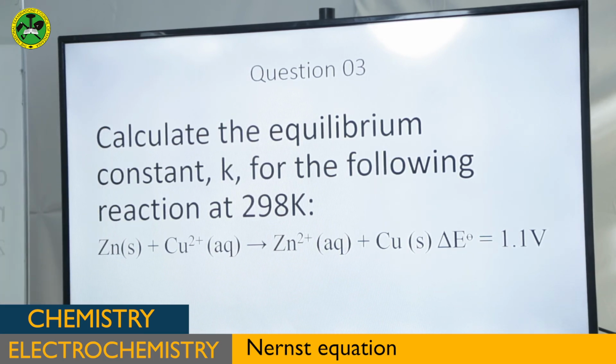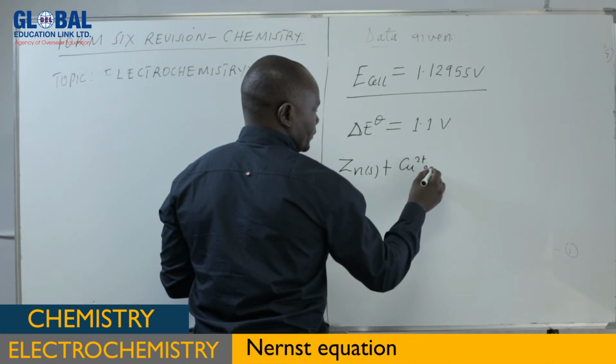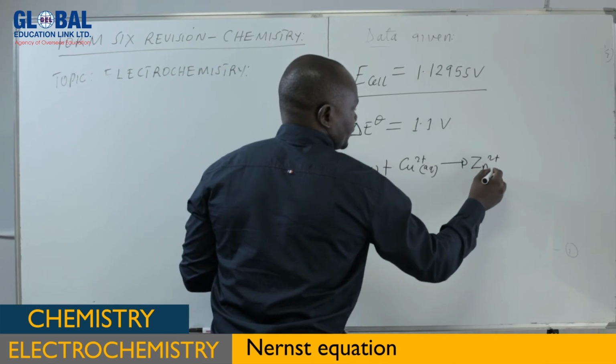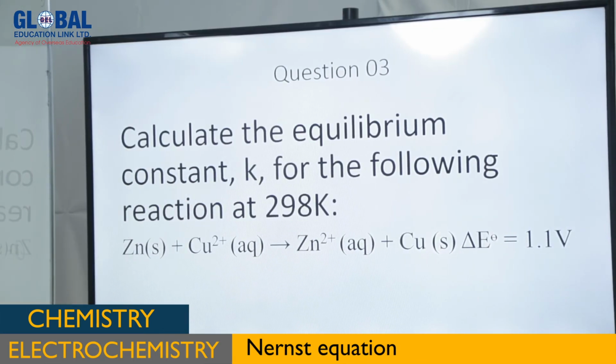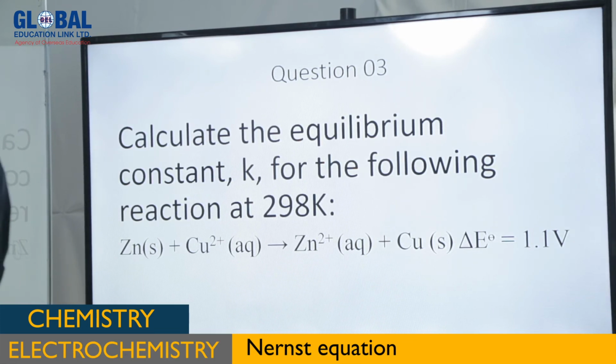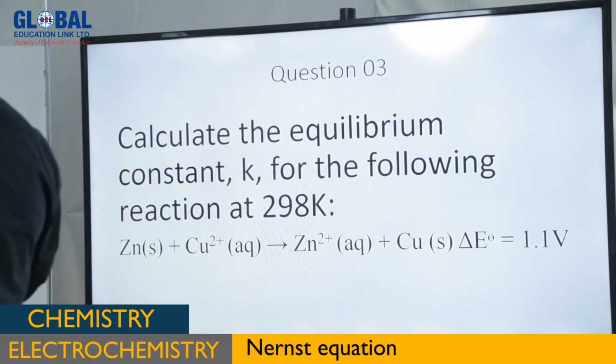And our cell equation is zinc solid plus copper 2+ ions, forming zinc 2+ ions plus copper solid. So that is our overall equation of that redox reaction.